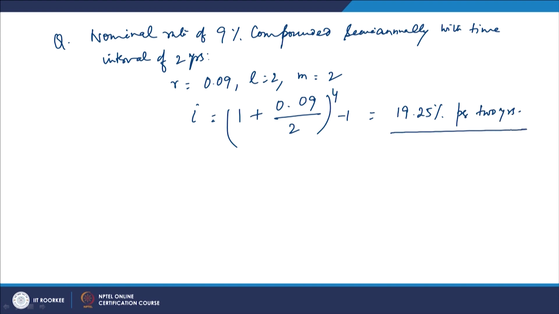So, these are the different types of examples that we have seen of how to compute these effective interest rate values. Then we can quite clearly visualize how these effective interest rates are computed, and based on that, we can also do it on a daily basis.